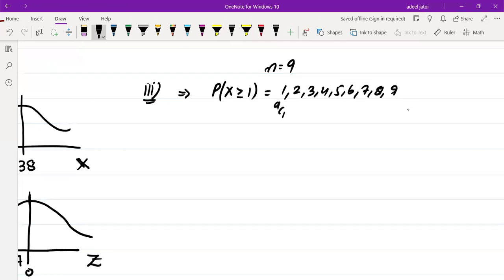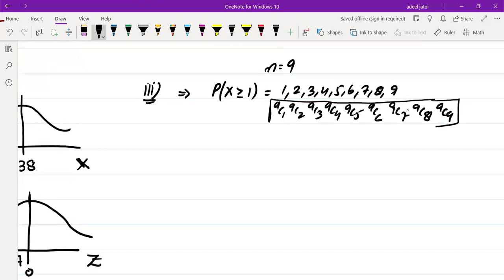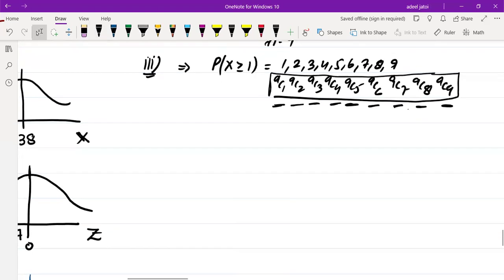That means 9C1, 9C2, 9C3, 9C4, 9C5, 9C6, 9C7, 9C8, 9C9. So knowing that we need to find all these values, isn't it better that we say 1 minus probability of x equal to 0?